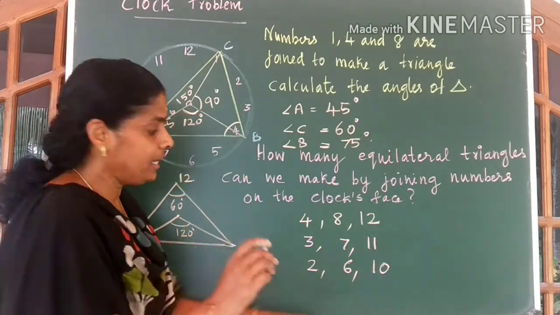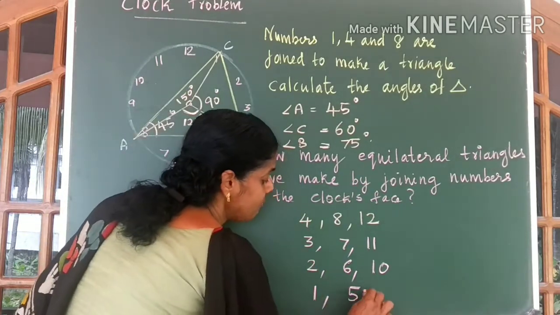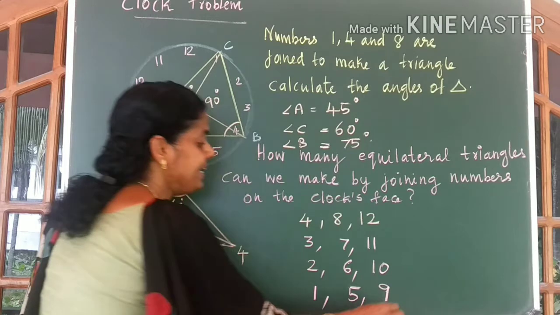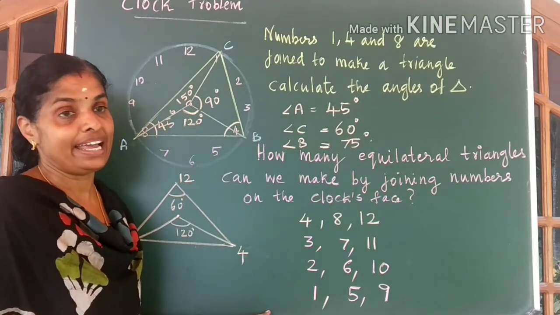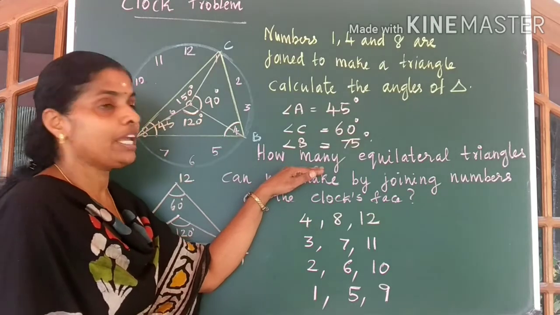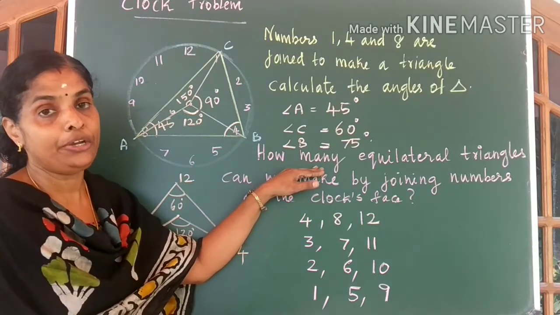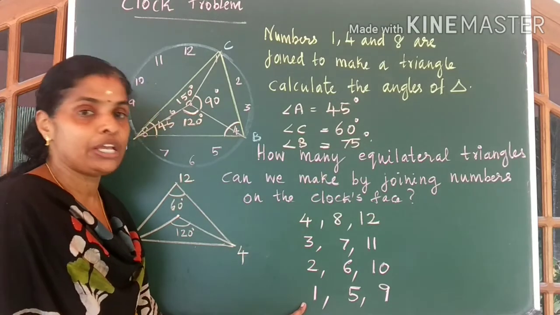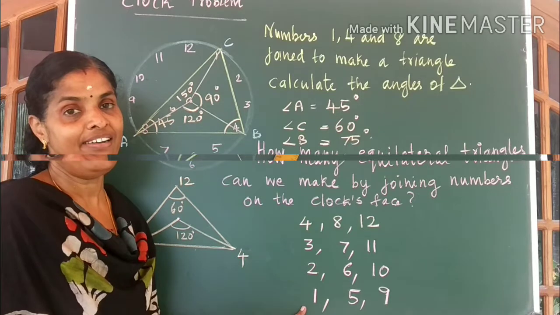So, by joining 1, 1 plus 4, 5, 5 plus 4, 9, we would be able to get an equilateral triangle. So, how many equilateral triangles can you get? You will be able to get 4 equilateral triangles on a clock face. Clear?